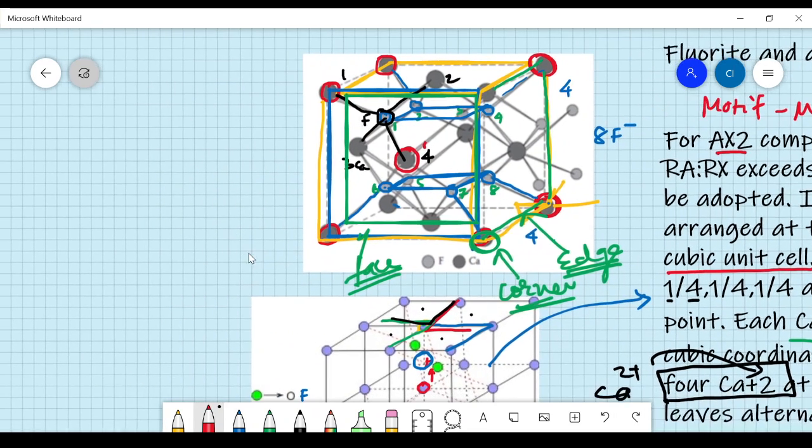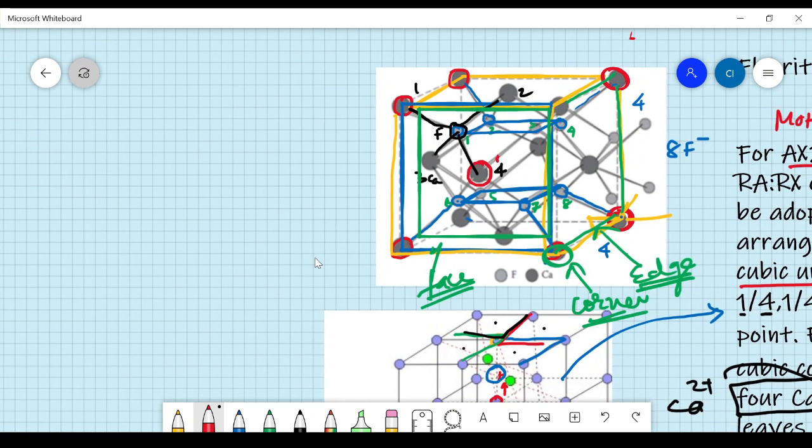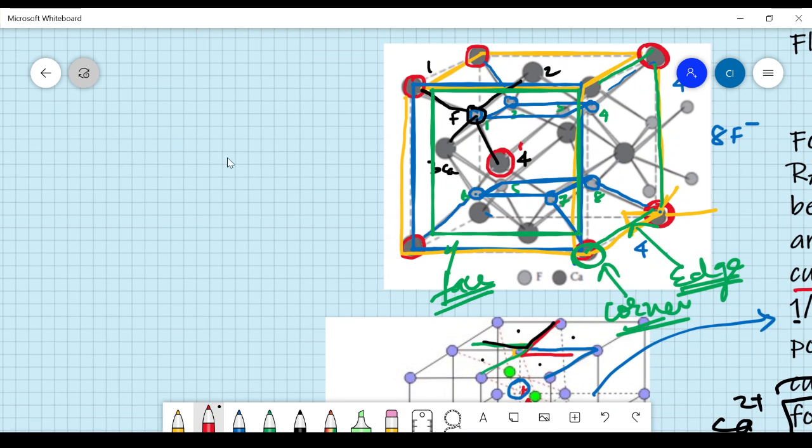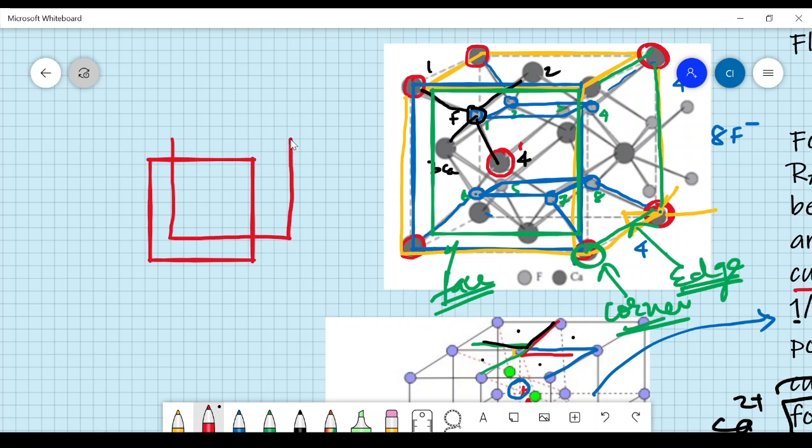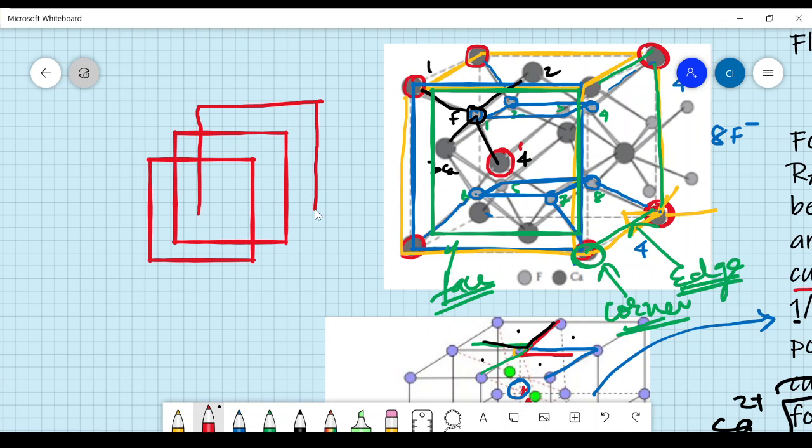So you have to draw this structure again, to give the importance, I am just drawing the structure again here. You can draw 4 cubes. So here it is.